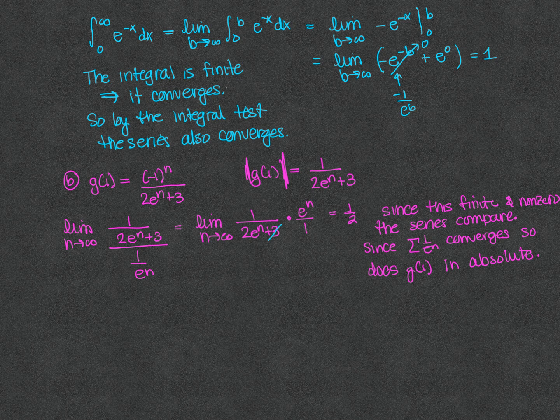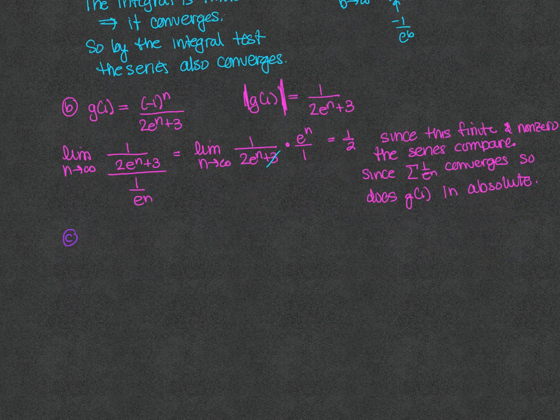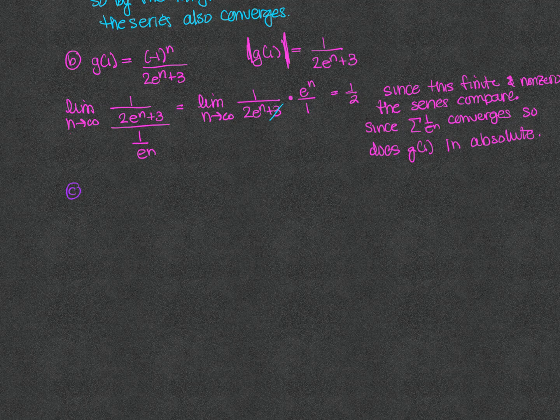Now the radius of convergence, we always use the ratio test unless it's geometric. So I want to know the radius of convergence for g of x. And that was the summation, negative 1 to the n, x to the n, over 2e to the n plus 3.